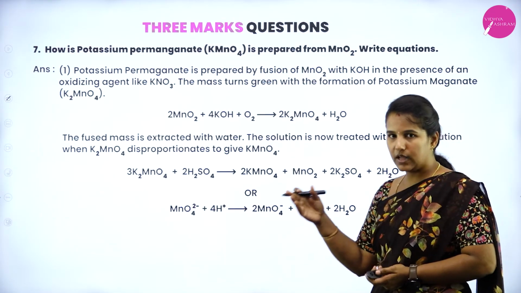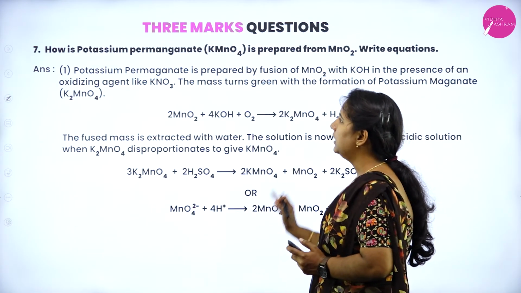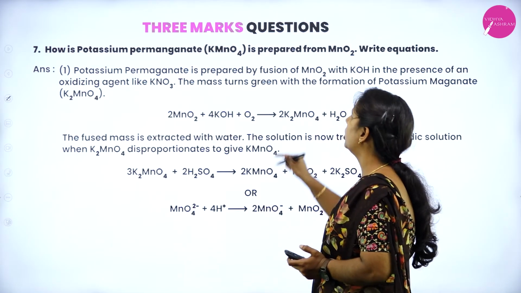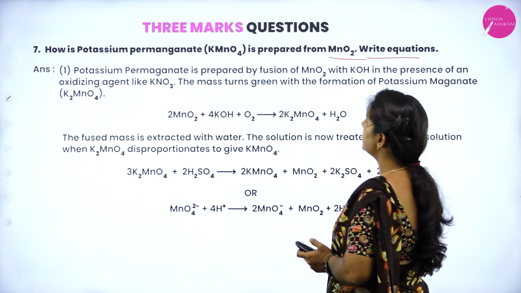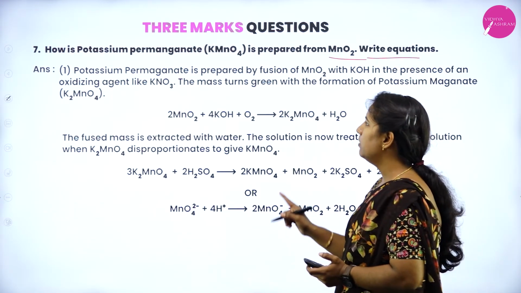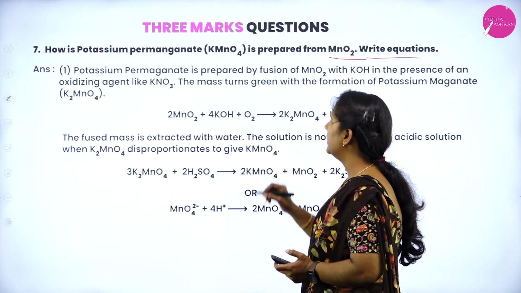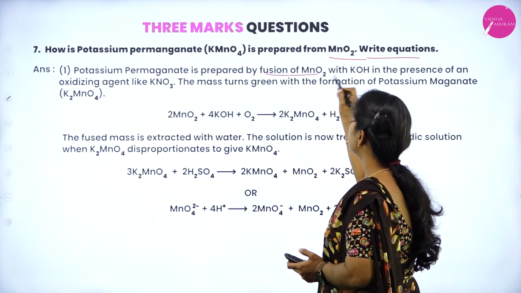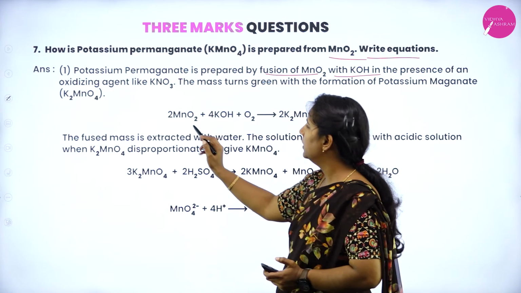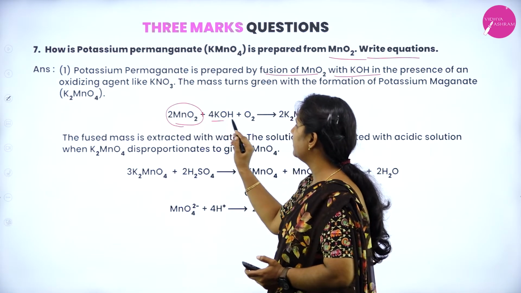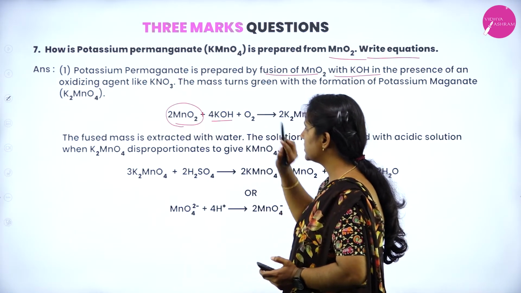Next, like that, one more preparation will be there. That is how potassium permanganate is prepared from manganese dioxide. Write an equation. Potassium permanganate is prepared by the fusion of manganese dioxide with a base. We take manganese dioxide and fuse it with a base in presence of oxygen.